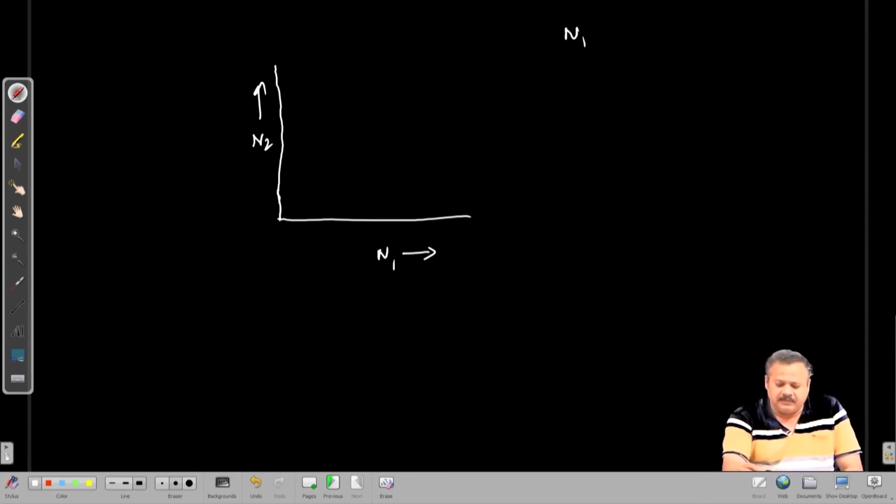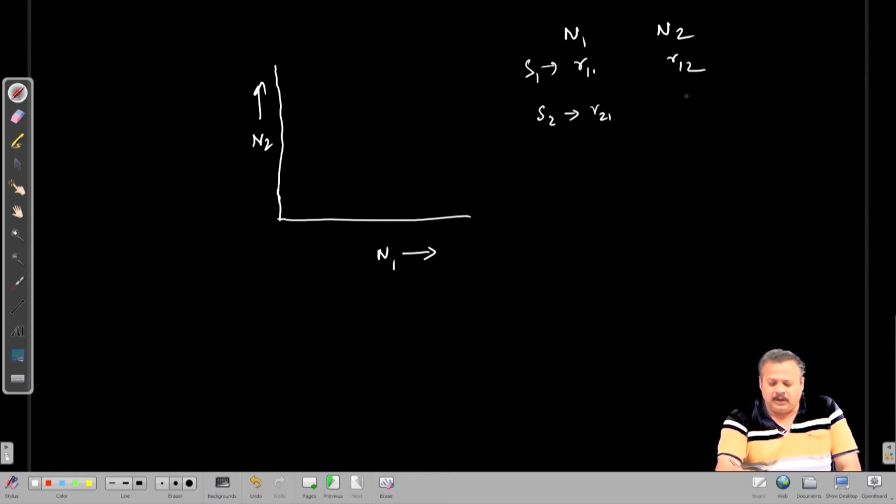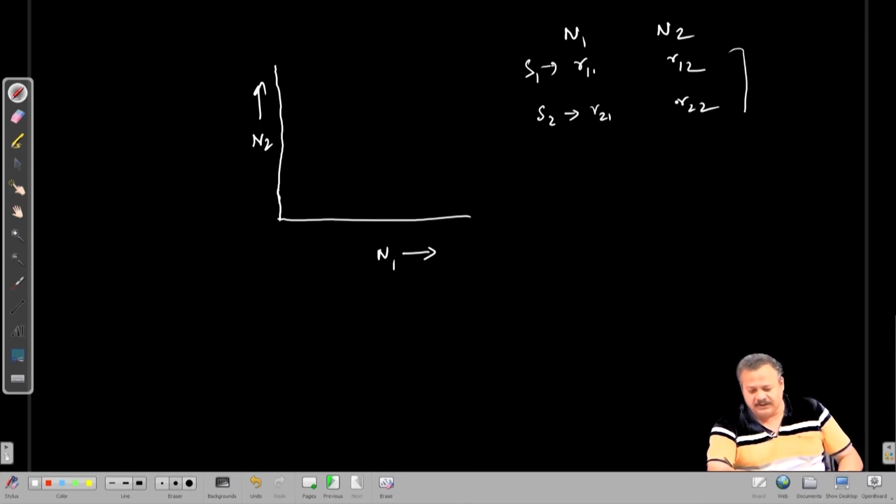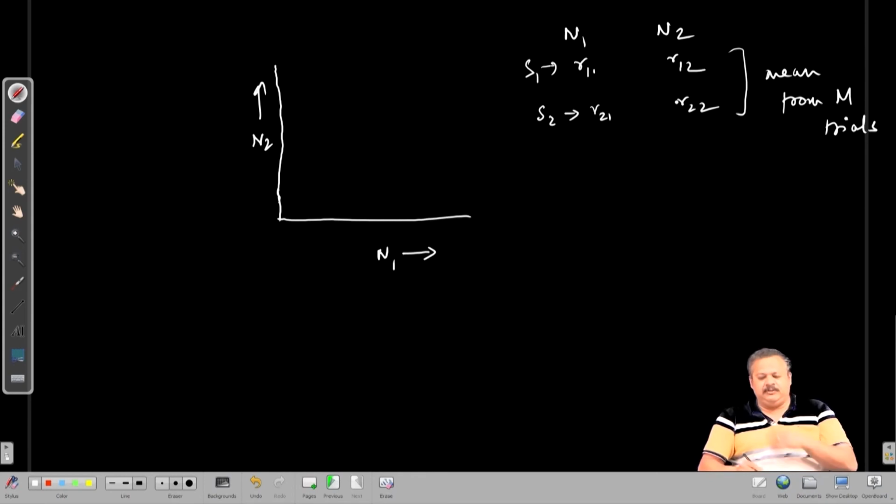So, this is N1, N2. We had stimulus 1 with responses R11 and R12. Now, let us say we have stimulus 2, with R21 and R22 as the mean responses, again from M trials for the two stimuli S1 and S2.